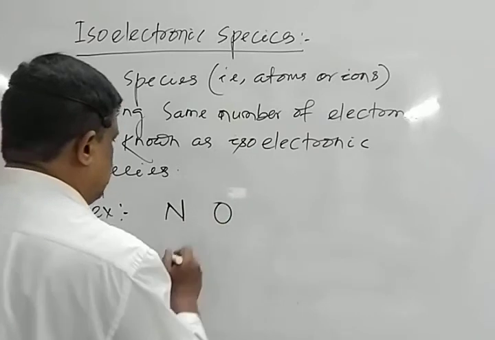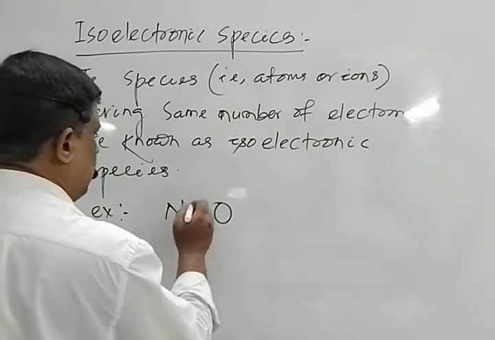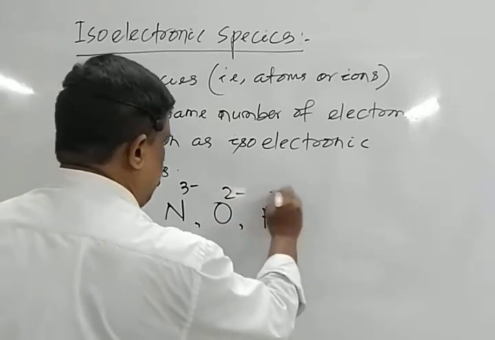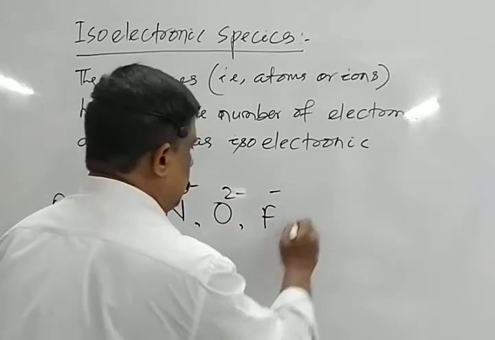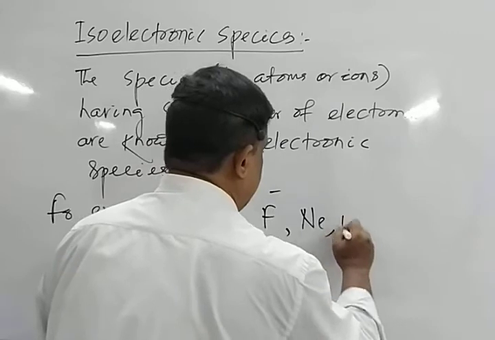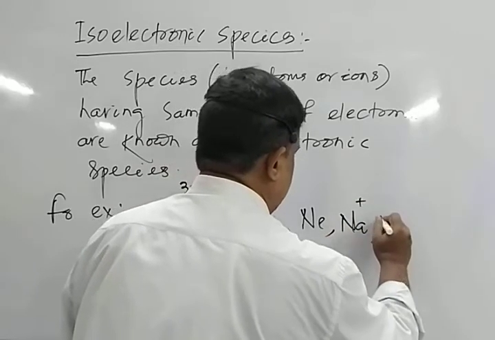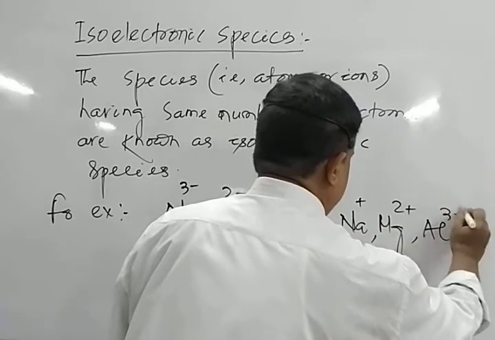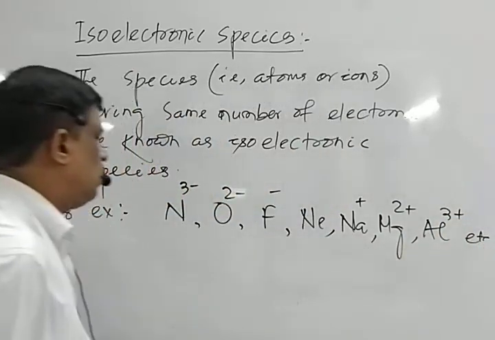nitrogen, oxygen: N 3 minus, O 2 minus, F minus, neon, sodium, magnesium, aluminium, etc. Mark that.